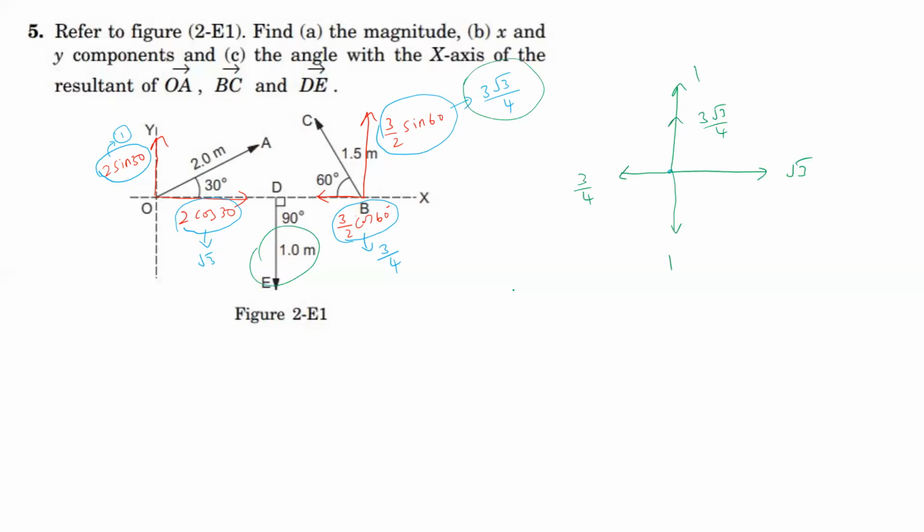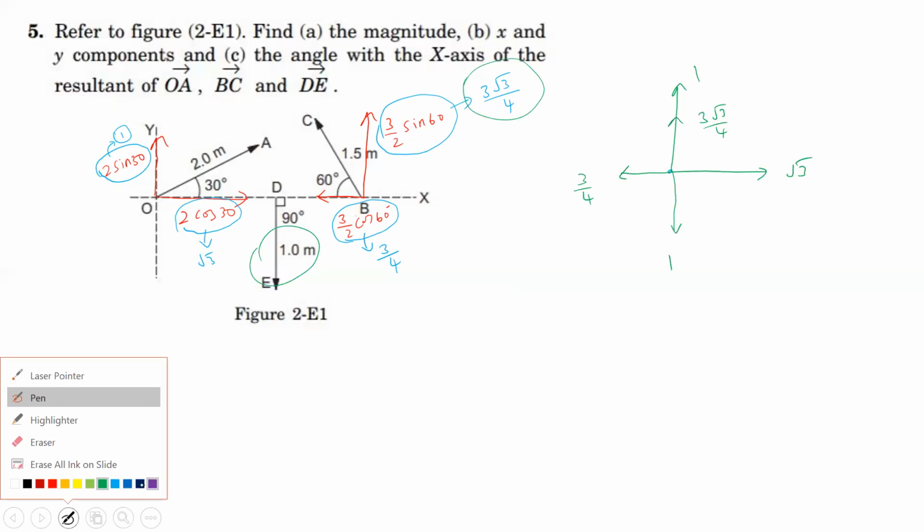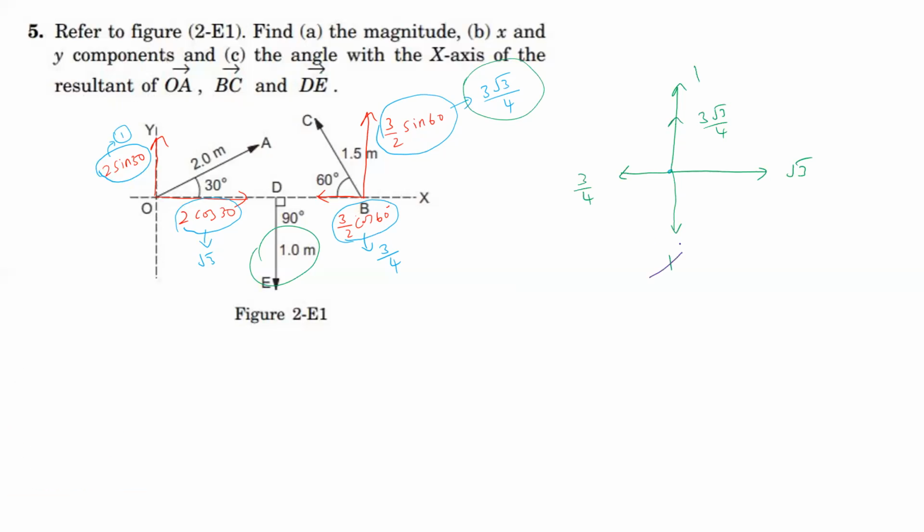Now see here, this one and this one get cancelled. That means the y component of the resultant is 3 root 3 by 4. And the x component is root 3 minus 3 by 4.